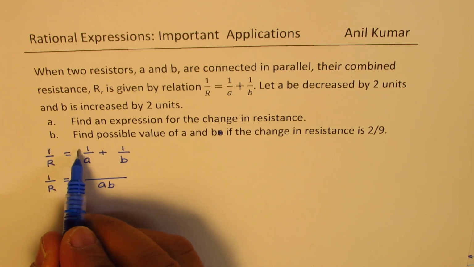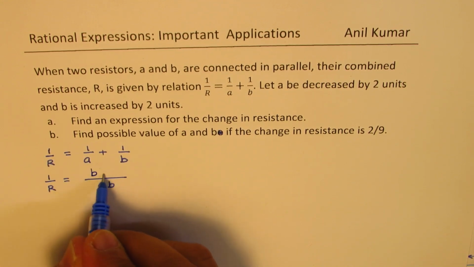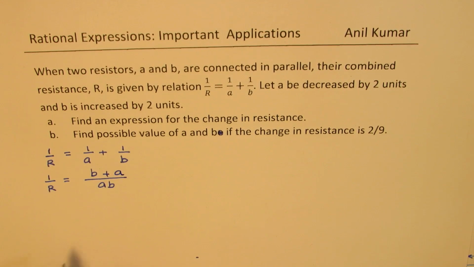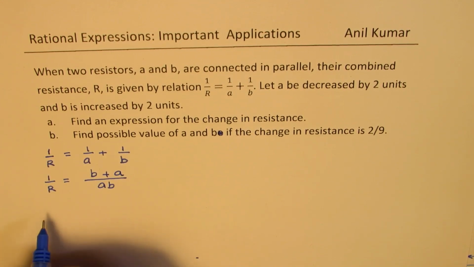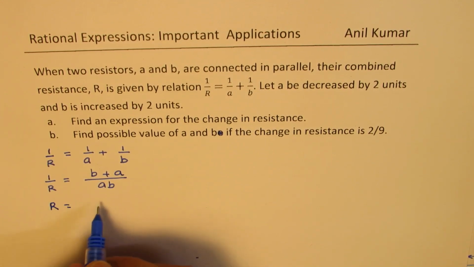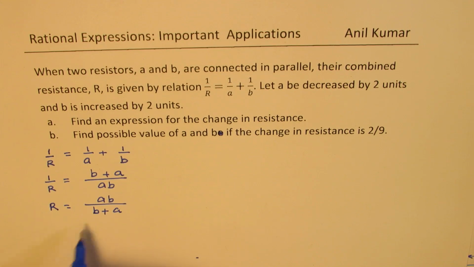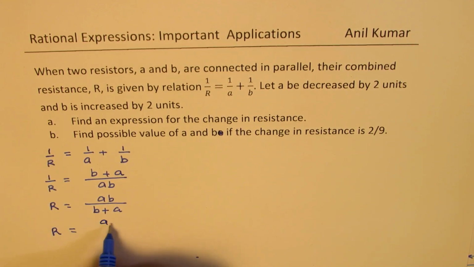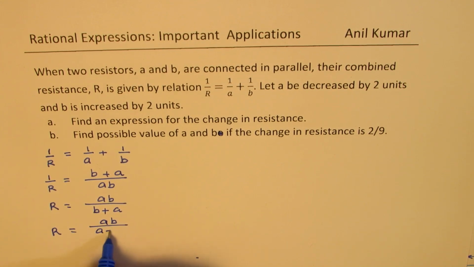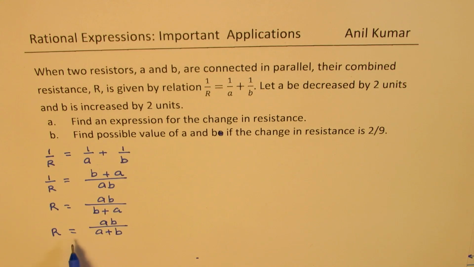You multiply this by B over B, so you get B plus A. Now we can take the reciprocal and write R equals AB over B plus A. Now B plus A is the same as A plus B, so R equals AB over A plus B. So that is the original value of resistance.